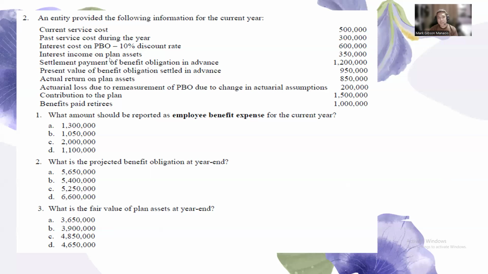We have interest income also provided, 350,000. Settlement 1.2, present value of benefit obligations settled in advance 950,000. Actual return on plan assets 850. Actuarial loss 200,000. Contribution to the plan 1.5 million and benefits paid to retirees 1 million pesos.